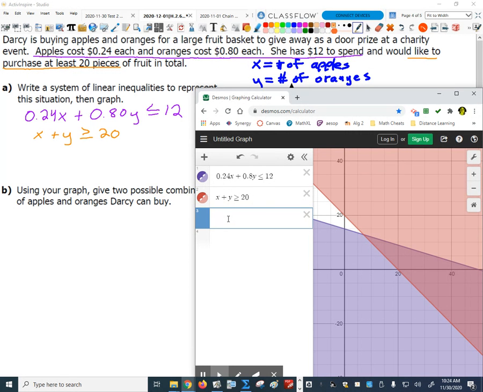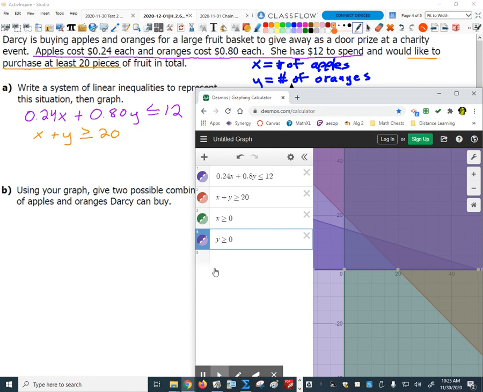X has to be greater than 0. Good. It could equal 0, couldn't it? So we'll do x is greater than or equal to 0. Okay. And then how do we say you can't buy a negative number of oranges? Y has to be greater than or equal to 0. There you go. Y is greater than or equal to 0.